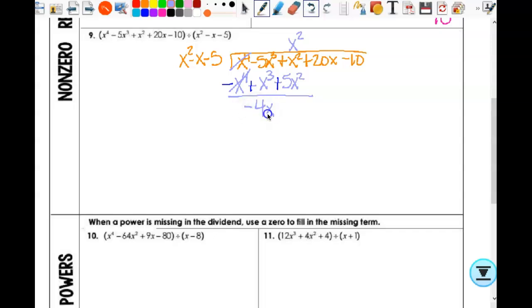Negative 4x cubed plus 6x squared, right? And I hope whoever said, what, behind me, would have actually stopped me if I kept going. Then I bring down the 20x. I caught myself, but I also heard that, which is fine. So then negative 4x cubed divided by x squared, negative 4x. So then I get negative 4x cubed plus 4x squared plus 20x.